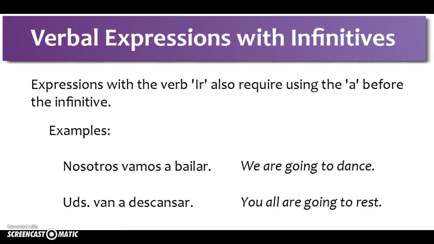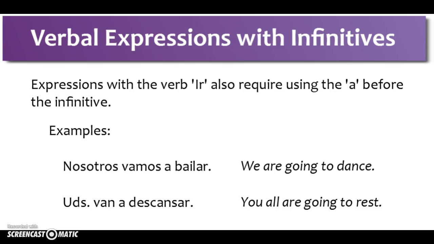And we have our expressions of ir a and an infinitive of something that we are going to do, or someone is going to do. This is one way in Spanish that we can do a future type of tense, that we are going to do something in the future. Our examples here: nosotros vamos a bailar. We are going to dance. We're not dancing right now. We are going to dance.